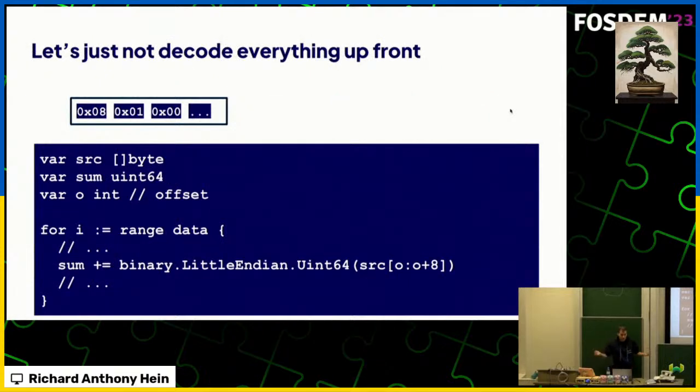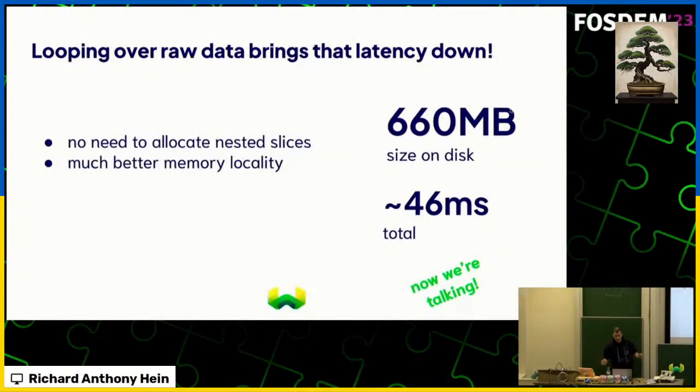So we can simplify this a bit, and basically just not decode it. While we're looping over that data anyway, instead of storing it in an array, we can just do with it what we plan to do. In this case, that would be summing up the data. Getting rid of that decoding step helps us make this way faster. So now we're at 46 milliseconds. Of course, our footprint of the data on disk hasn't changed because it's the same data that we're reading.